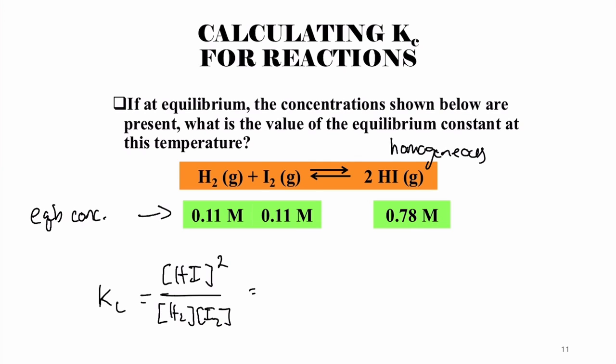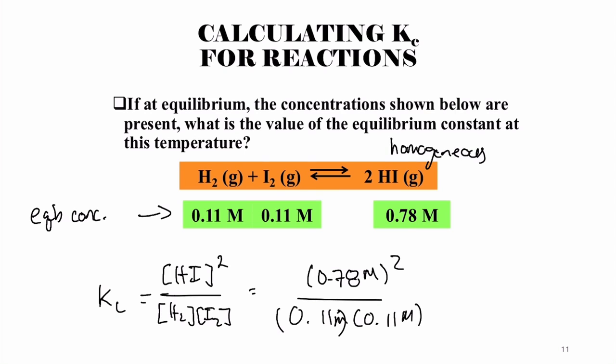And so we just plug in these values. We get 0.78 molarity squared over 0.11, 0.11. So if you plug that in, you just get a value for the equilibrium constant. The equilibrium concentrations are what we're usually going to be solving for.